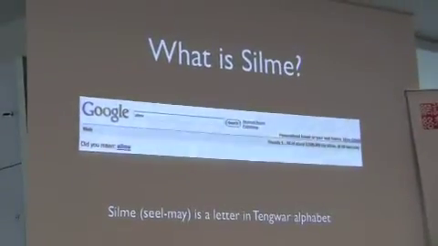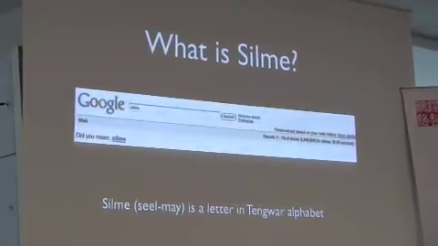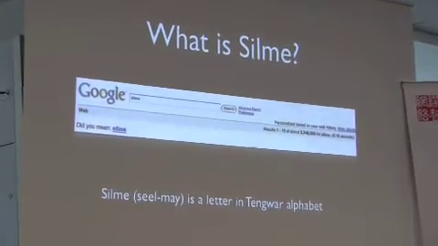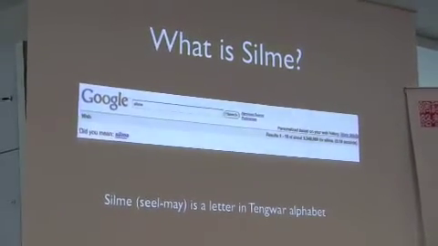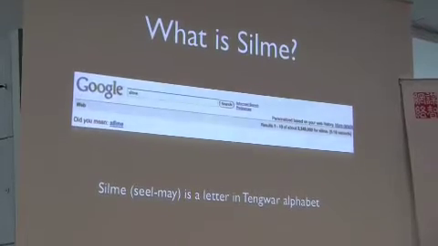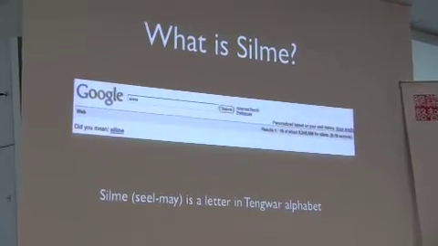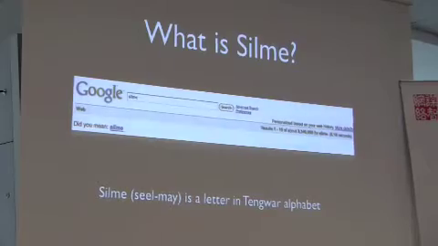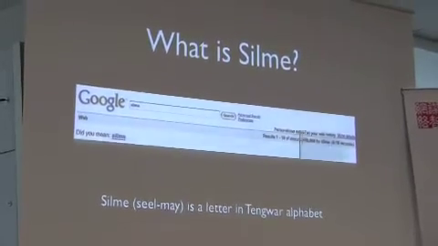So SILMA is actually a letter in the Tengwar alphabet. Tengwar is just a fantasy language that was in some Lord of the Rings book by one of our developers who was really a big fan of it, and he came up with the name. I'm actually encouraging him to change that name so that it becomes a little bit easier for people to understand what we're trying to do.